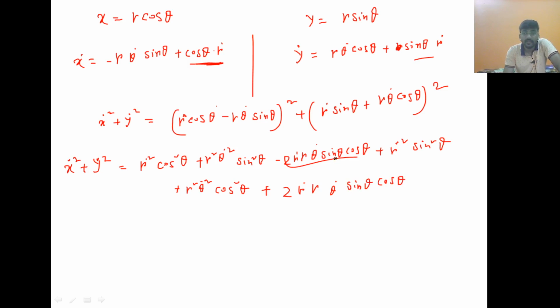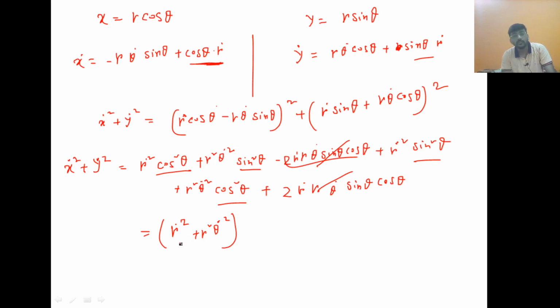So these two terms will cancel out. If we take common r dot square, then cos square theta plus sin square theta, and similarly r square theta dot square. So x dot square plus y dot square is equal to r dot square plus r square theta dot square, and this is the result in plane polar coordinates. It is obvious. So the mistake was here.